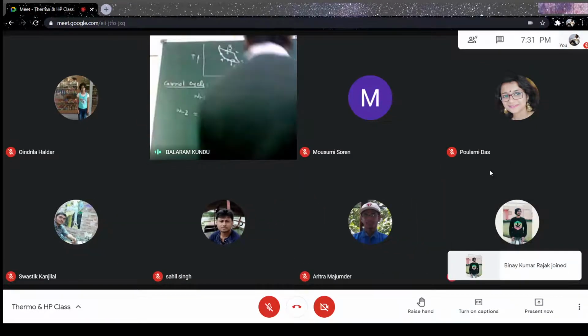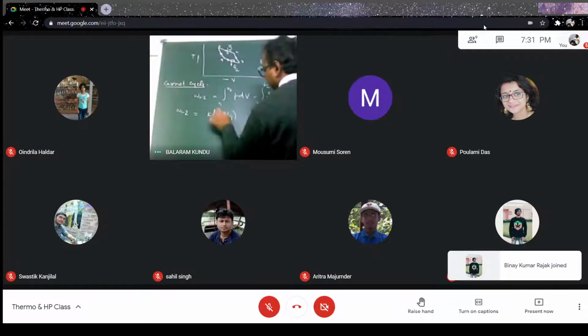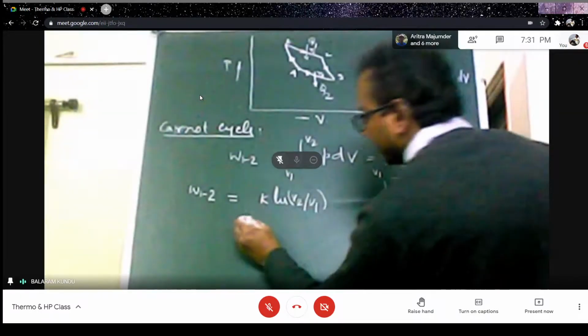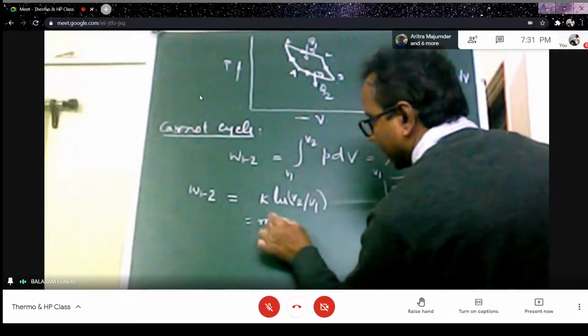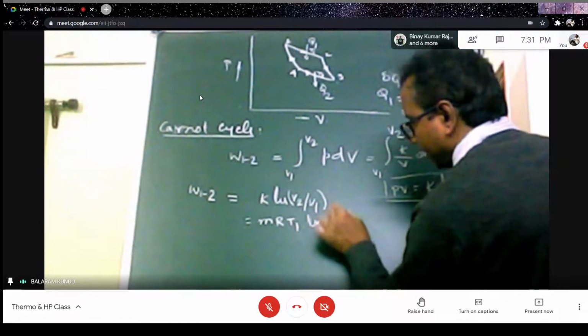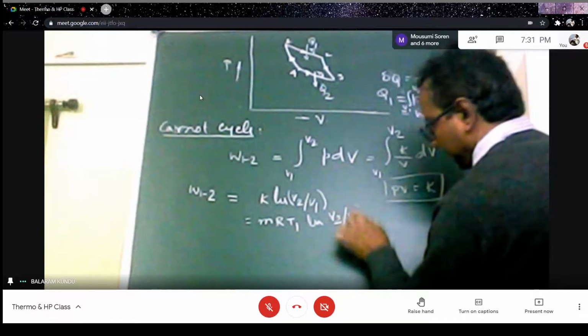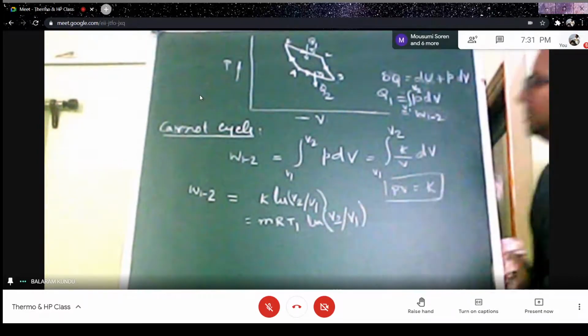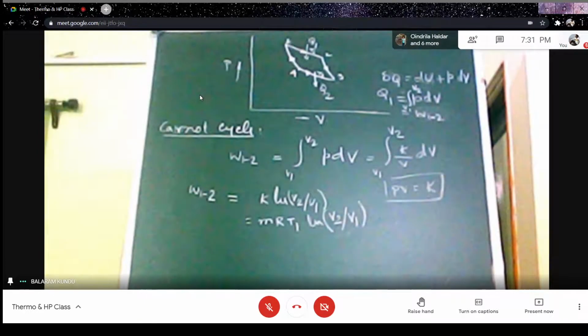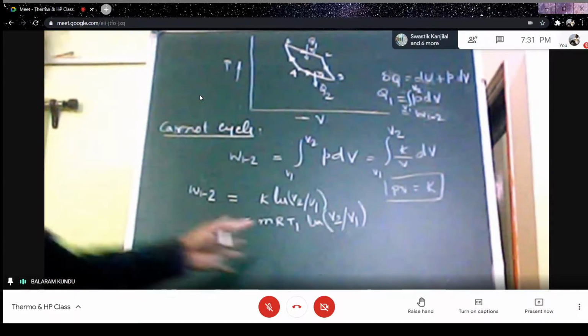Here you write, say, K equal to PV, that is equal to MRT, so you can write MRT1 ln V2 by V1. So W12 equals MRT1 ln V2 by V1. I think you know these things. It is a very simple way to express W12, and the mathematical expression is this.